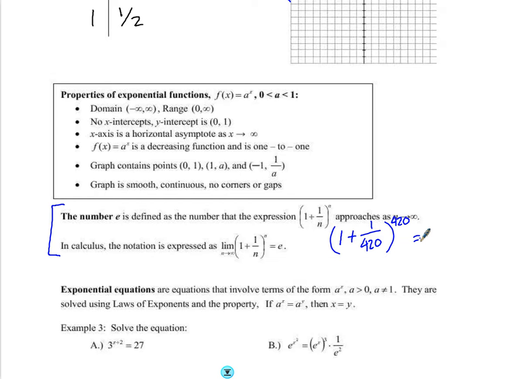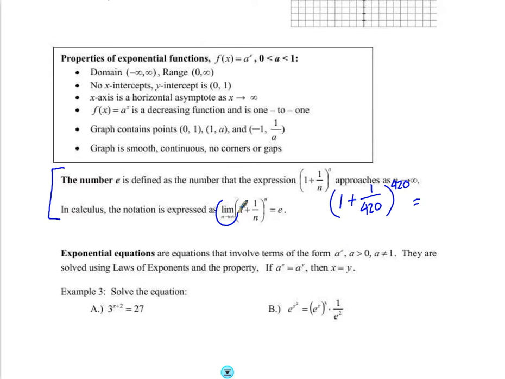Is it going to increase or decrease? Increase, because it's greater than 1, right? But because it's such a small value off of 1, it's actually approaching some value called e. And e is an actual number, an irrational number that they were able to figure out. And this idea of a limit, we're going to come back to next quarter and talk about. The limit as a value approaches infinity.